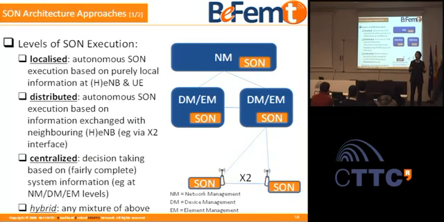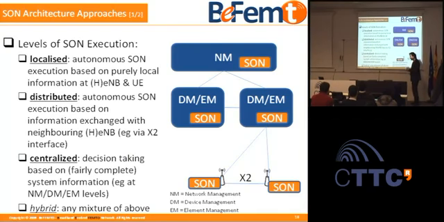You can very well take all the information of the network you have and process it in a distributed manner. You just have to share all this information with everybody. You can take all the information and process it in a centralized manner. You can take part of the information and do it in a centralized manner, and part in a distributed manner.